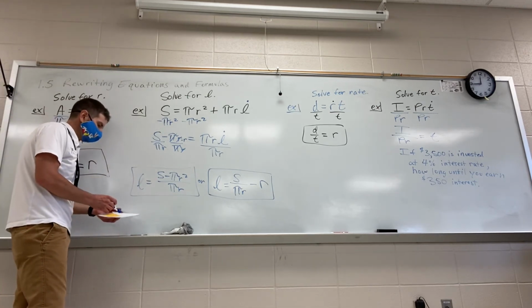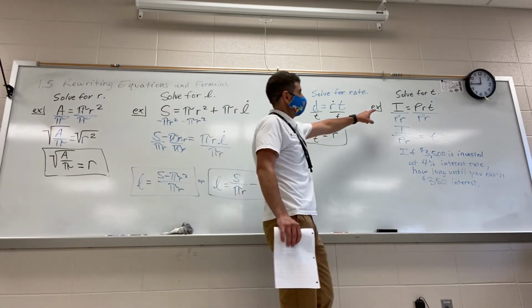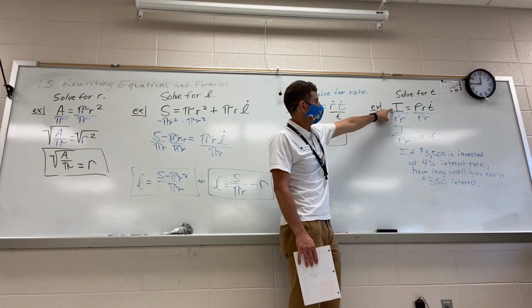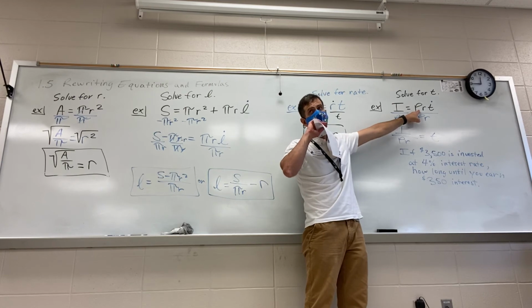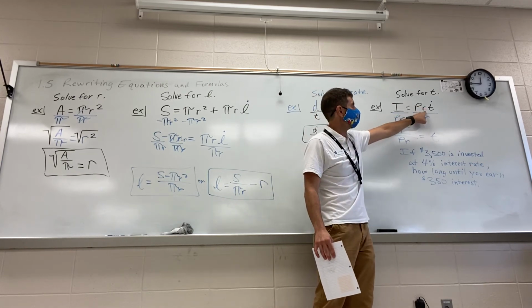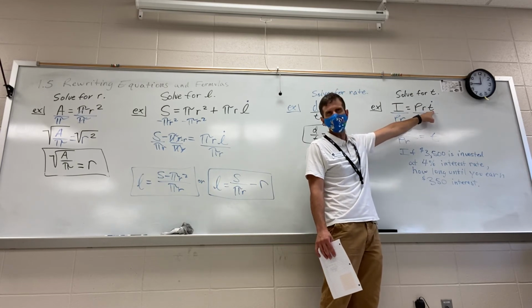So this formula is, the interest that you earn is equal to the principal, which is the starting amount, times your rate times time, and the time is in years.